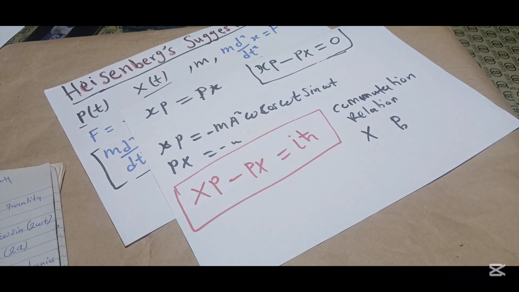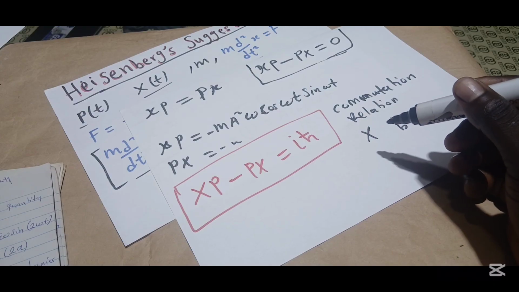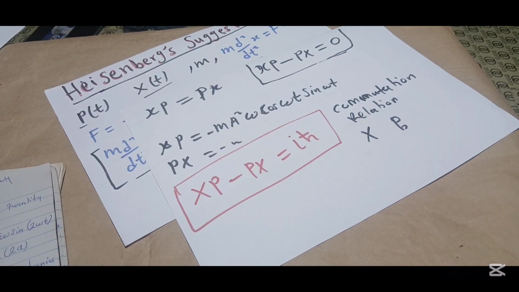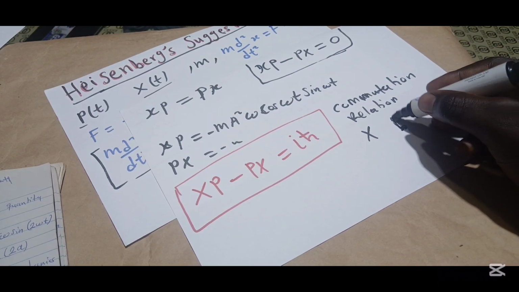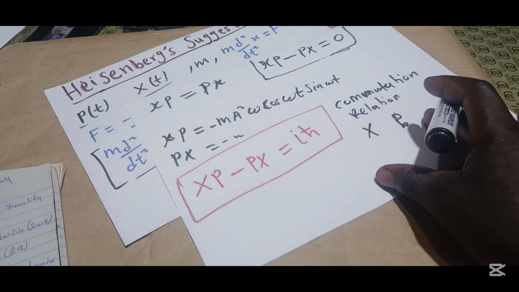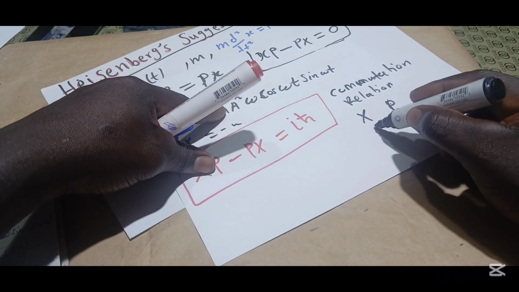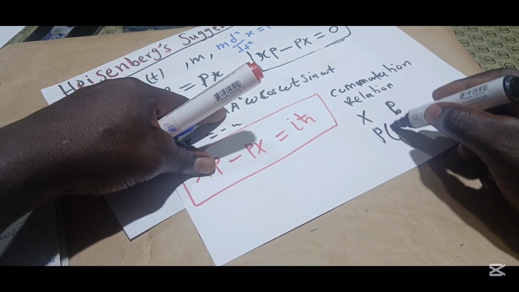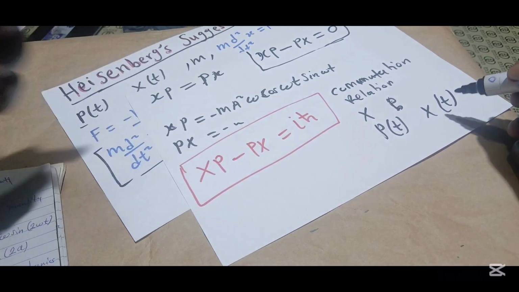If we assume that the position and momentum of a particle cannot be measured at the same time, then for now p and x are no more functions of time, like p(t) and x(t).